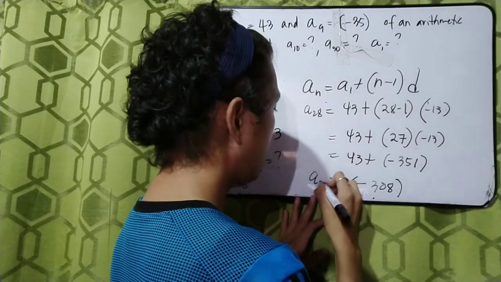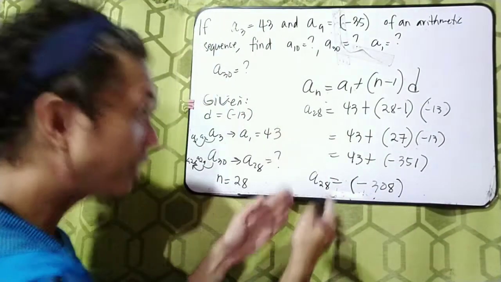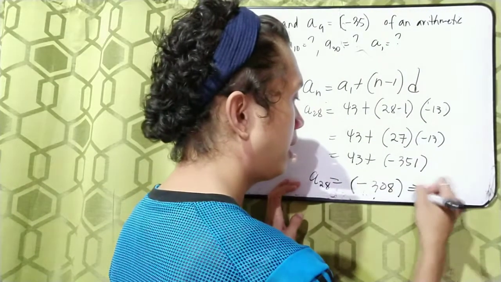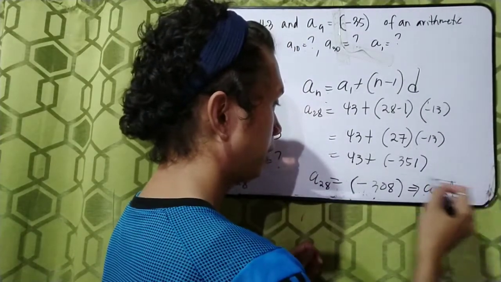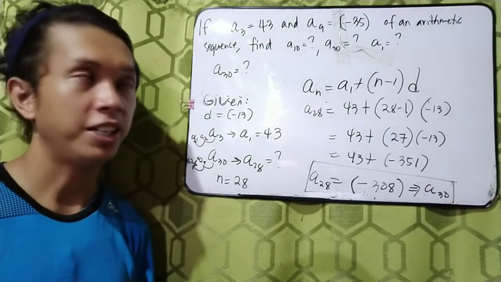Therefore, our a sub 28 is equal to negative 308, and originally this a sub 28 is our a sub 30. Okay? So our a sub 30 is negative 308.